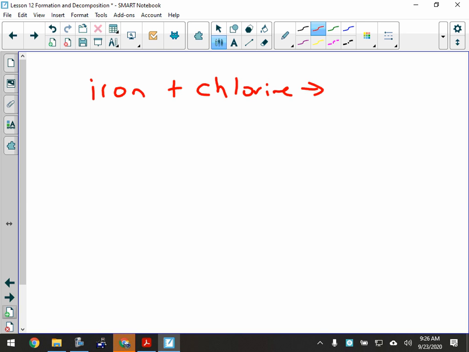Before I give you the product, I'm going to start here. Iron comes in what state? Periodic table. Solid. Most of the metals, remember, are solids. And chlorine, we already did that one, that's a gas. And would you agree that we're probably going to get something like iron chloride? Does that make sense? Okay.